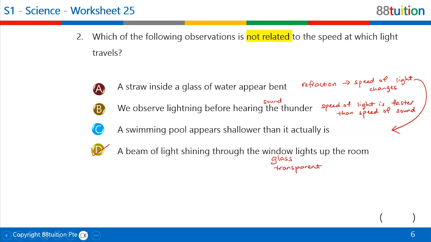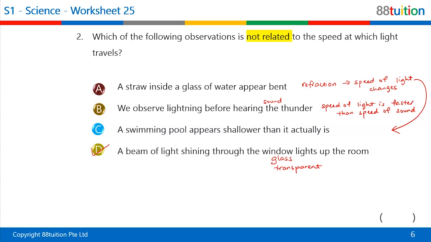Why did you all mark wrong? Why do you choose B? We observe lightning before hearing the thunder. Speed of light is faster than speed of sound, correct? But a beam of light shining through the window lights up the room has nothing to do with the speed of light. I think the portal has some issue, very sorry. The mistake is a bit confusing.